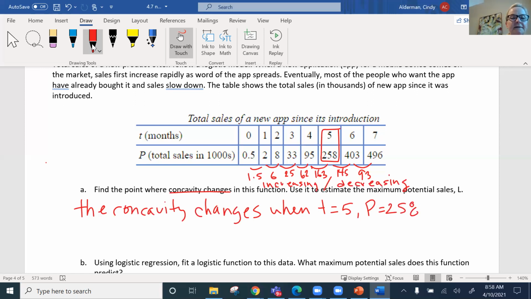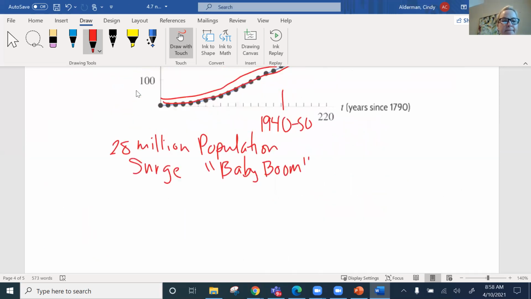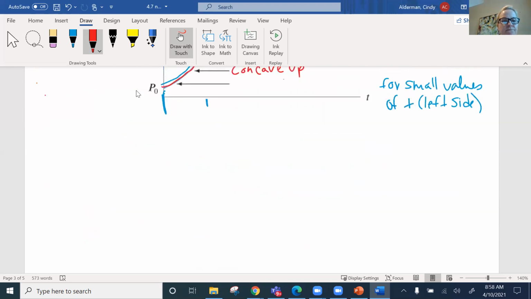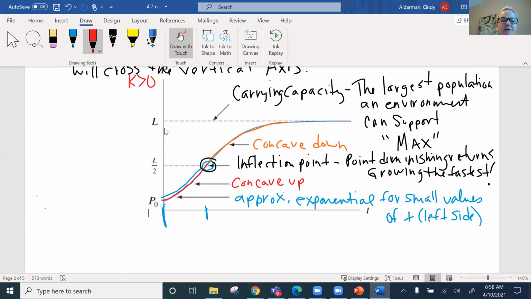So what you can say is L divided by 2 is equal to 258, because remember, if this is capacity and you've just now figured out what the inflection point is by looking at the data, you know that 258 million is equal to L divided by 2.